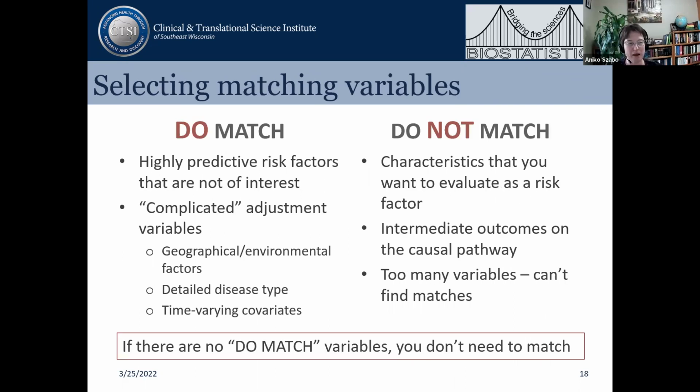The whole point of matching is really to not have to do statistical modeling to adjust for the covariate. The kind of things that I want to match on are risk factors that are so predictive that they can wash out the effect of my variable that I'm actually interested in. Or it's just such a complicated variable that I don't want to adjust for it because I'm dreading the statistical complications. But age, I can just model it, right? So simple things that you can model, you don't have to match.